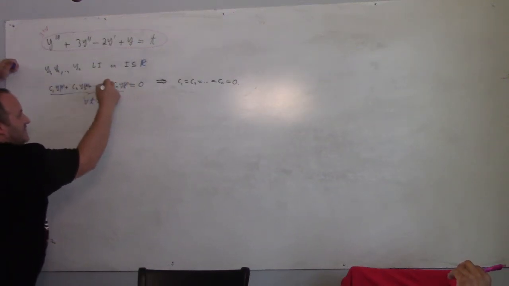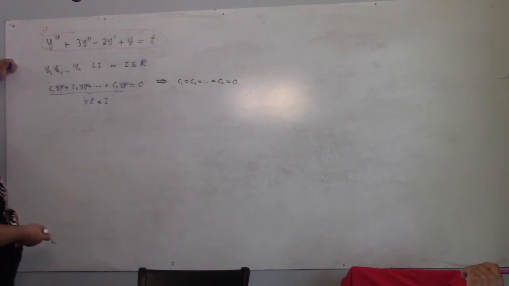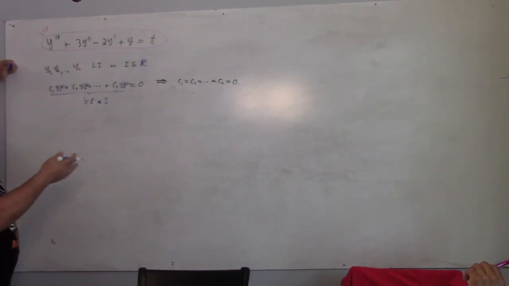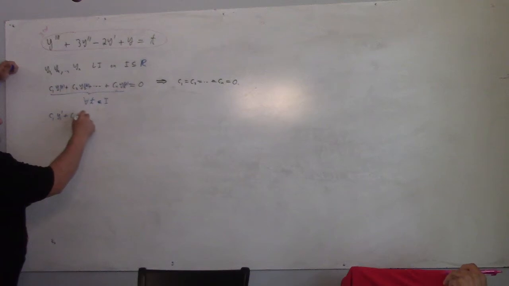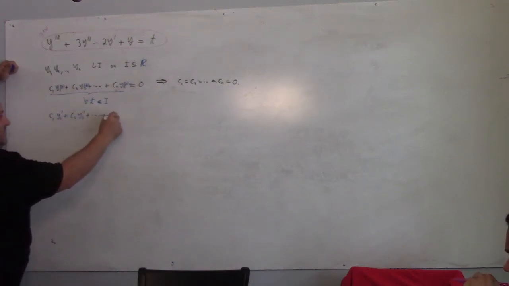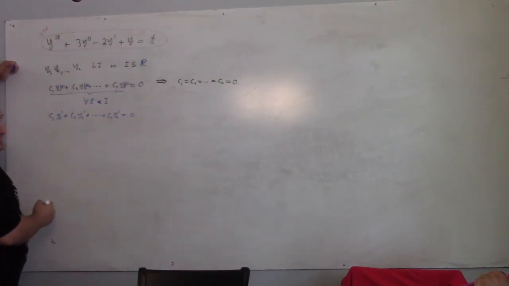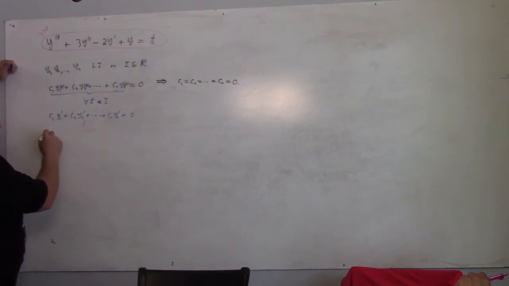So what that means is if these functions are differentiable, and we're usually assuming they are, we can differentiate it. And we get c1 y1 prime plus c2 y2 prime plus cn yn prime equals 0. Having done it once, we can keep doing it all the way to the n minus 1th time.